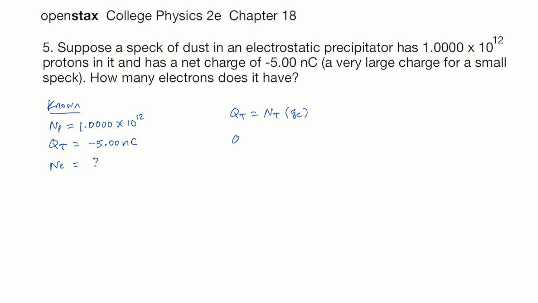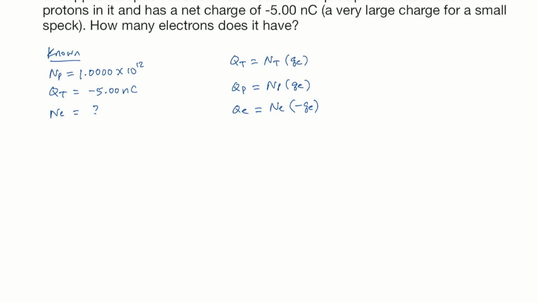And so we know that the charge of the protons is going to be the number of protons times Q sub E, and the Q for the electrons will be the number of electrons times minus Q sub E. We also know that Q total is the Q for the protons plus the Q for the electrons.